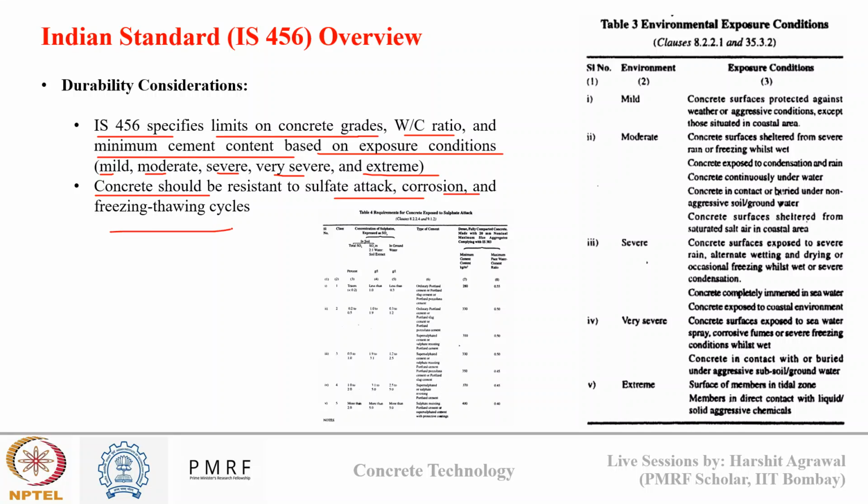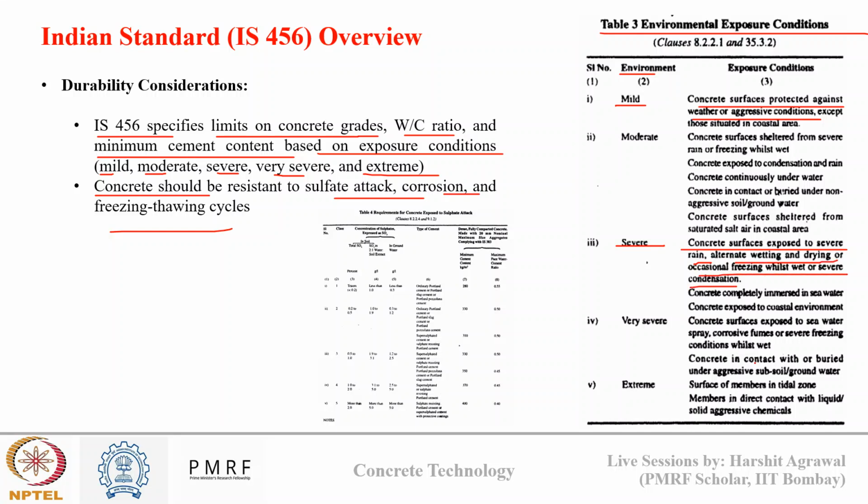So you can see in Table number 3, there are different sets of exposure environments based on the condition. So environment is said to be mild if concrete is protected against all forms of aggressive conditions. It is said to be severe when concrete is exposed to severe rain, alternate wetting and drying cycles, and occasional freezing and thawing effects.